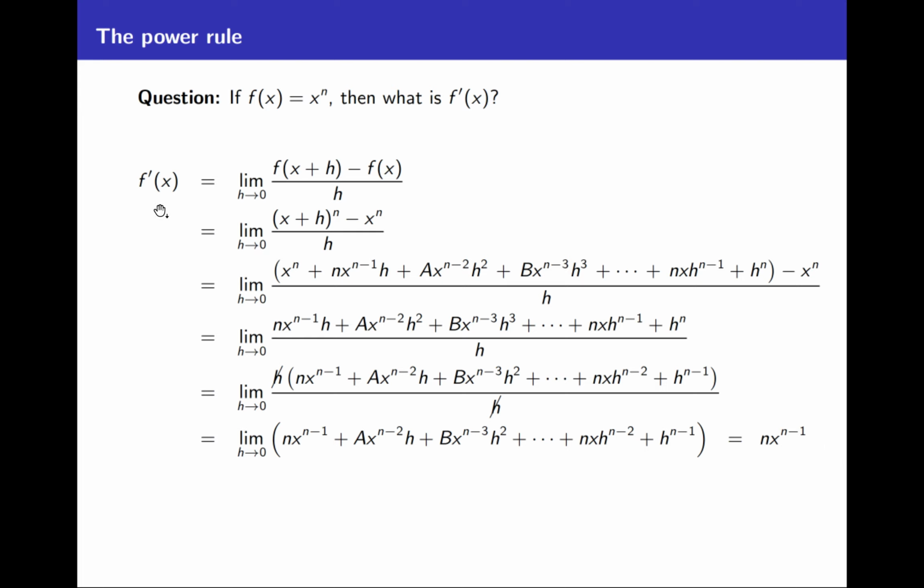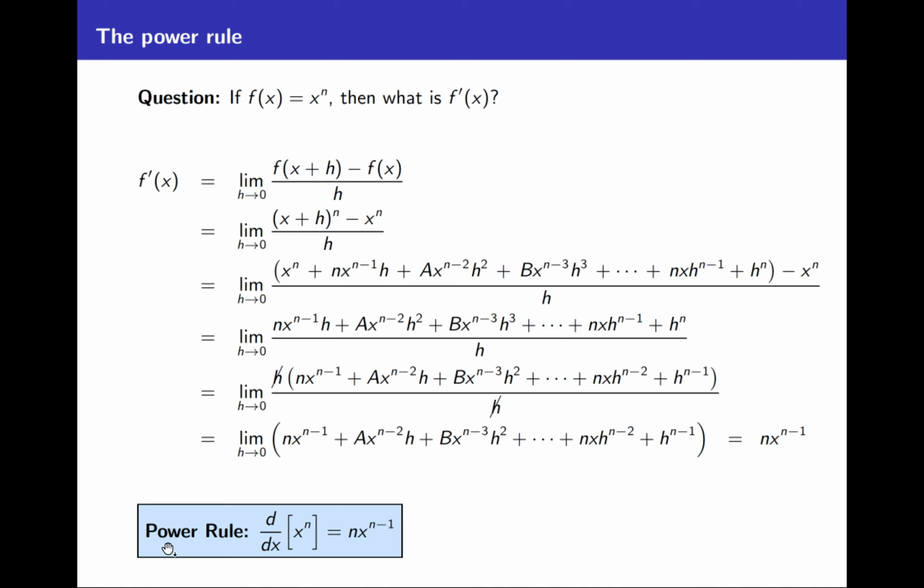So the answer to our question, what is f prime of x? f prime of x equals the function n times x to the power of n minus 1. That's called the power rule. The derivative of x to the power of n is n times x to the power of n minus 1.